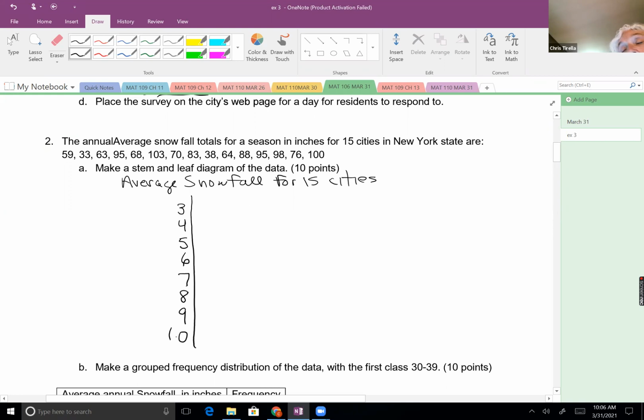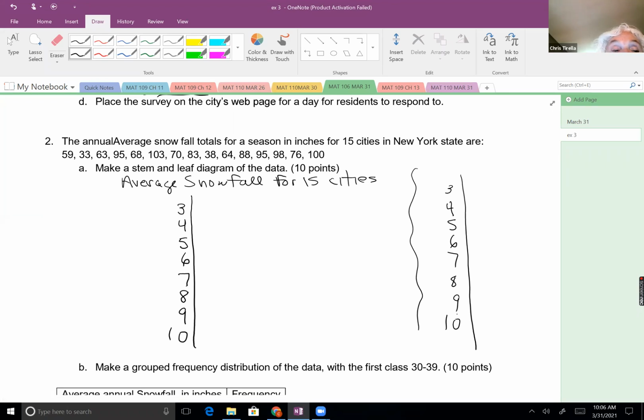And then we'll break with tradition a little bit and put a 10 there for the numbers in the hundreds. Before I do a stem and leaf diagram, I usually do a sloppy copy because it's easiest for me to just go through and record my numbers first. And remember, for the good copy, you want those leaves in order.